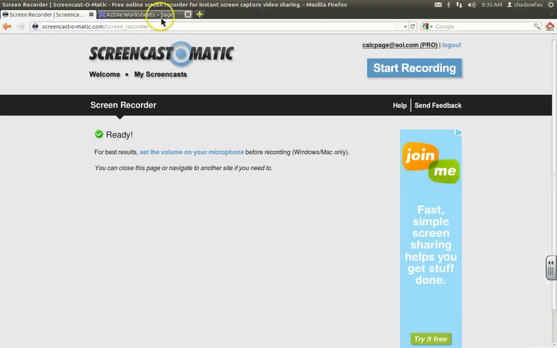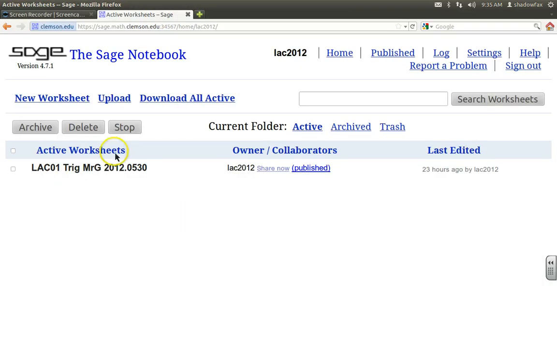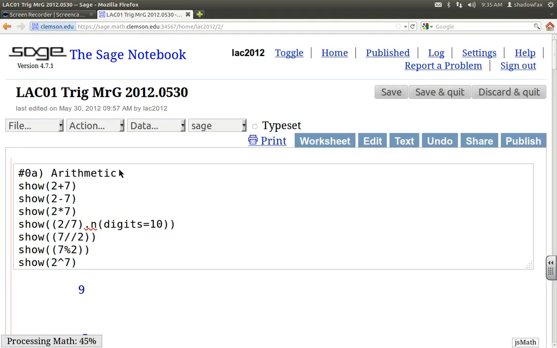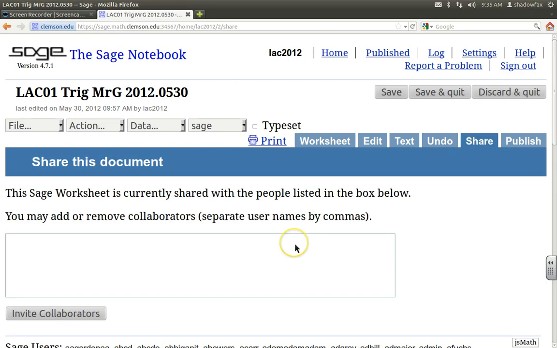Okay, if you go to your Sage worksheet, is everyone logged in? Okay, and open up the worksheet. Go to Share. See where it says Share? On the top. Click on Share, and share with me.